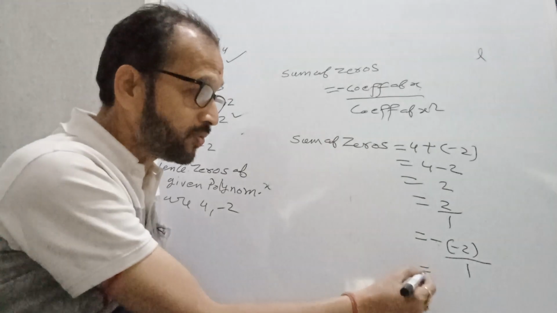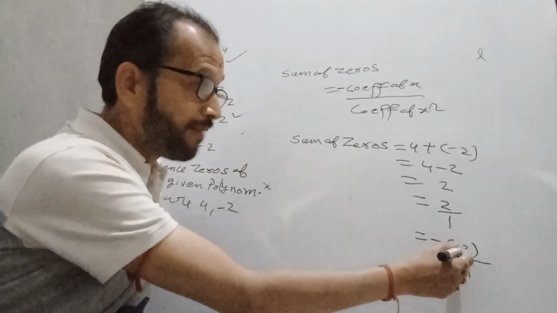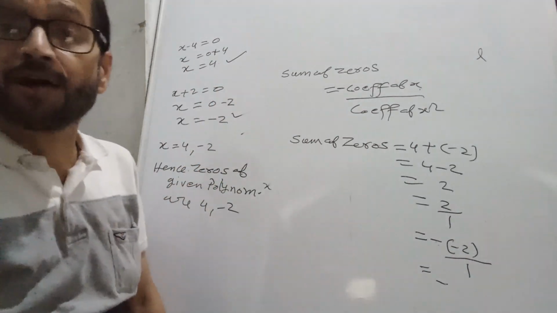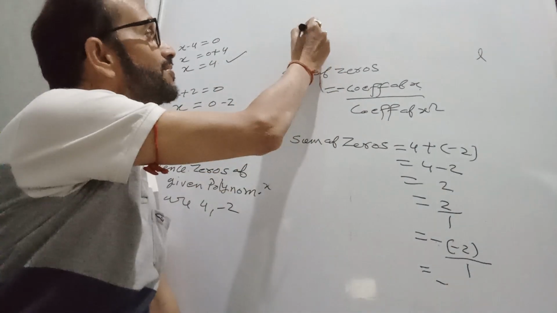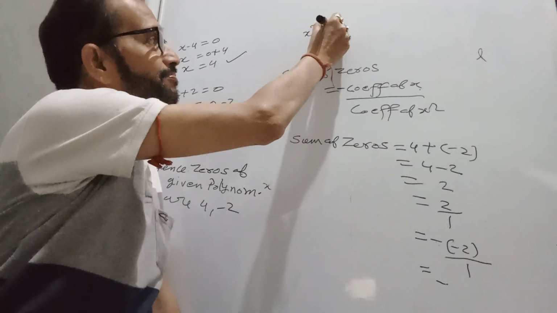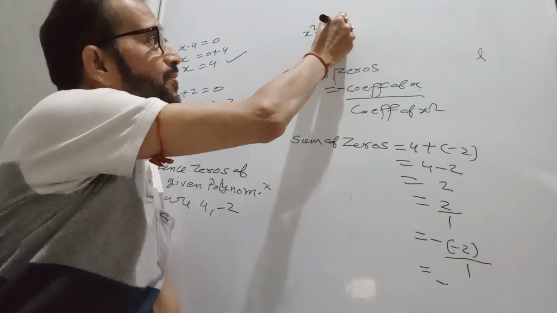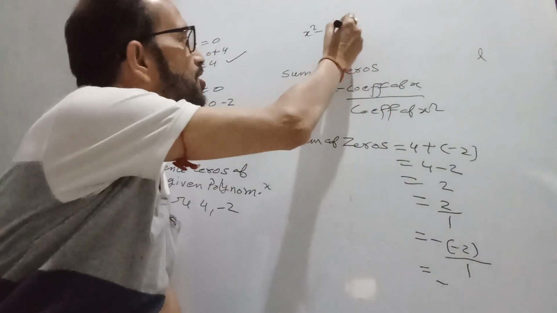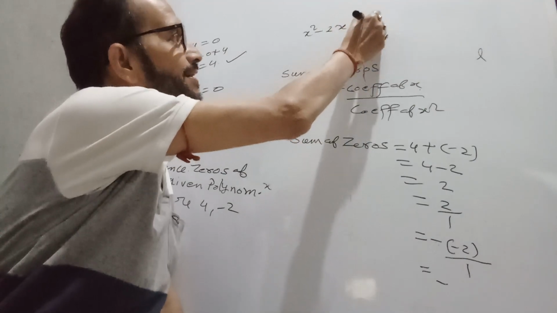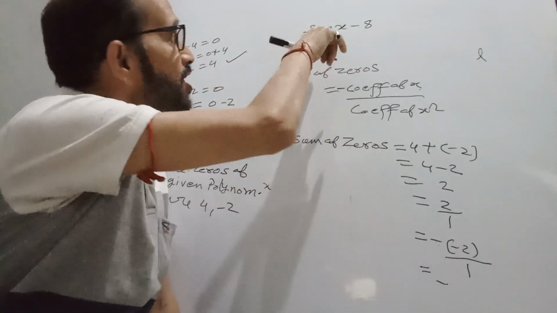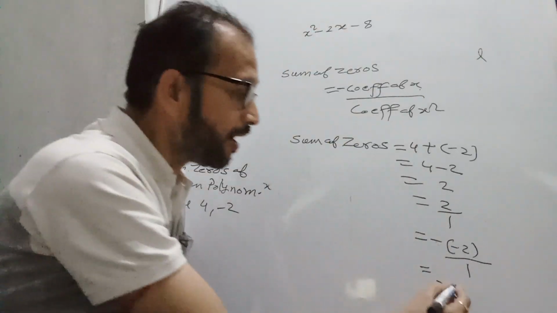And this is equal to minus of minus 2. What is minus 2? Minus 2 is the coefficient of x. Our question was x square minus 2x minus 8. Then look here, minus 2 is the coefficient of x.